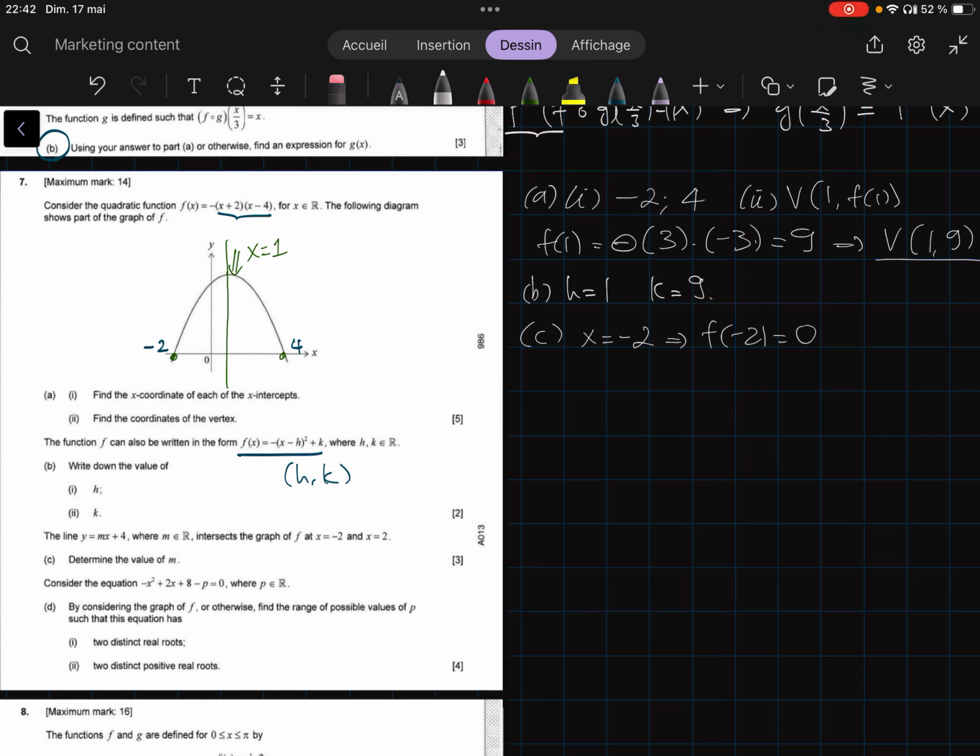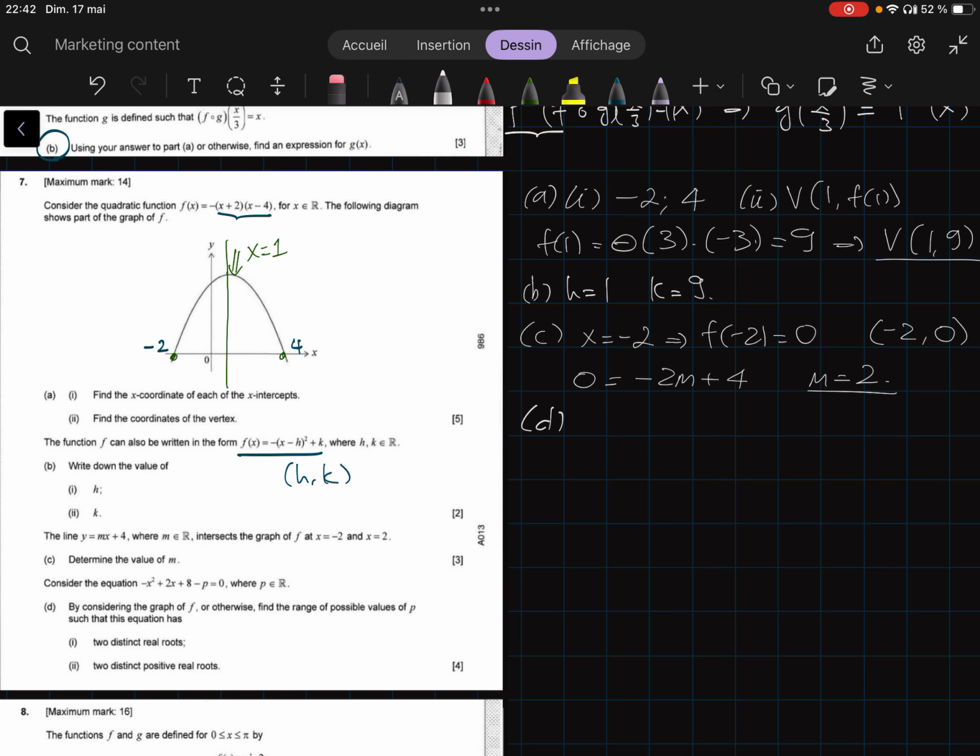So the line has to go through the point (-2, 0). Because of that, 0 is equal to -2m plus 4, and m is equal to 2.